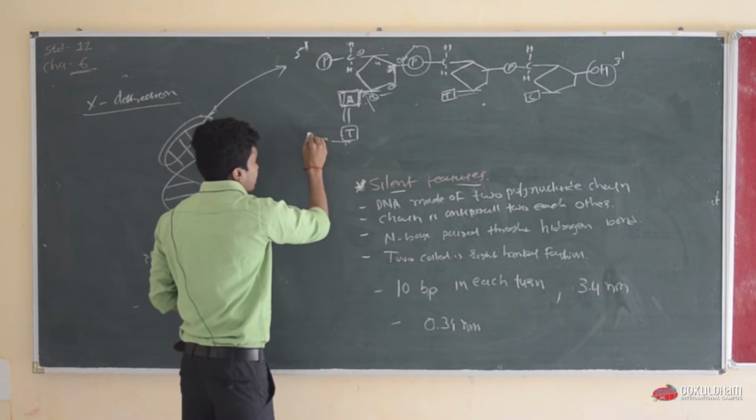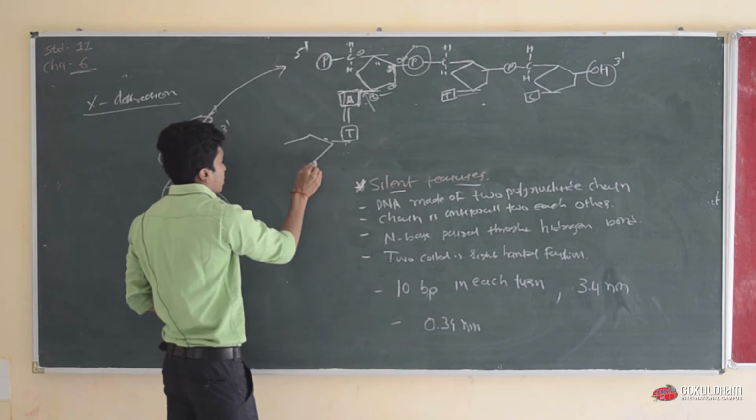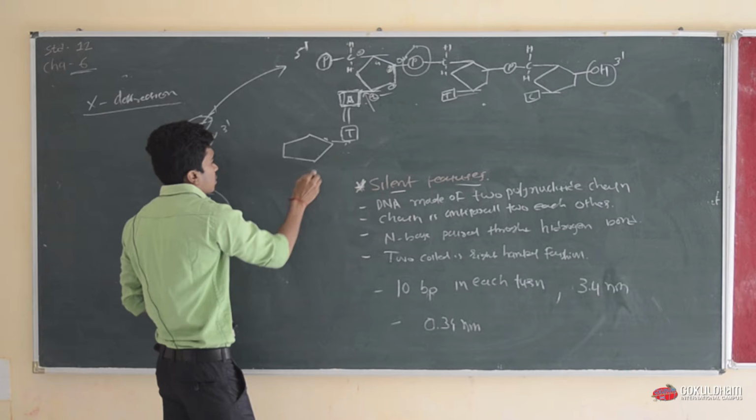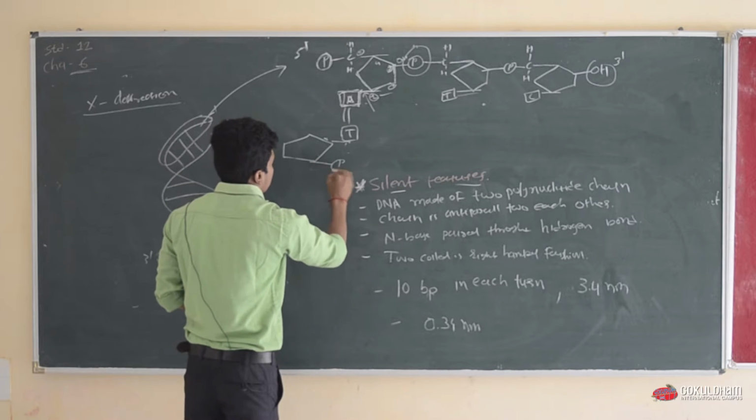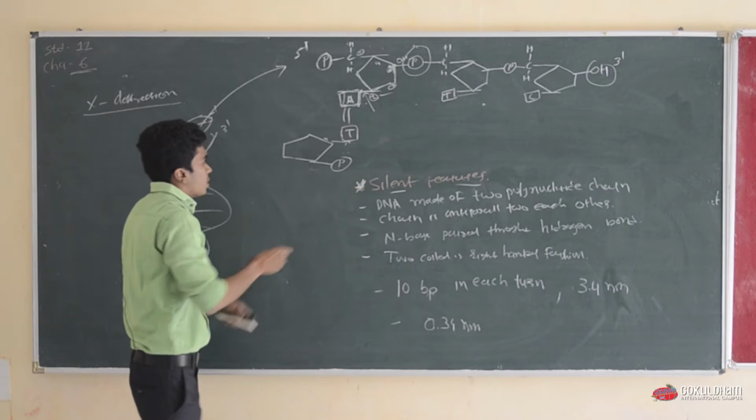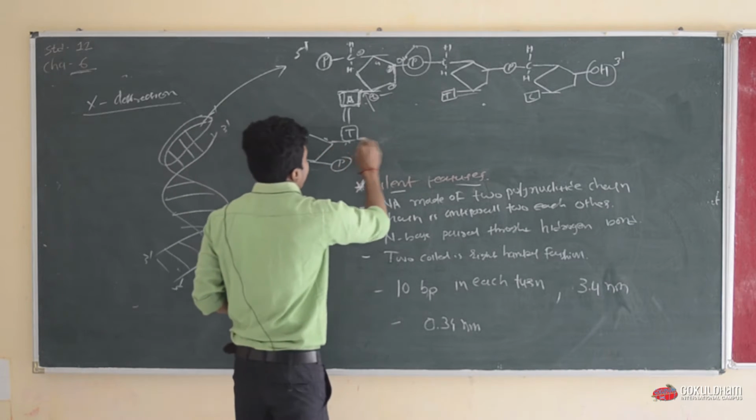Then the anti-parallel strand of DNA. Here are phosphate and sugar, and here the nitrogen base.